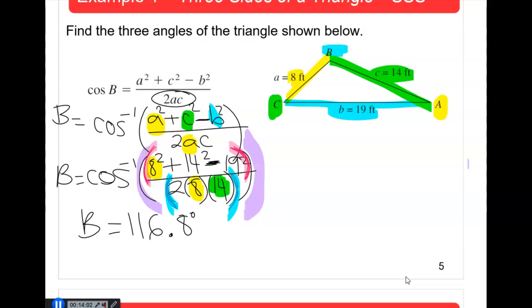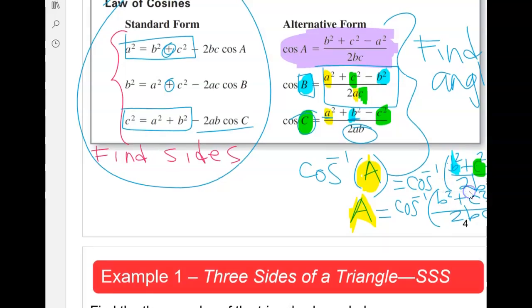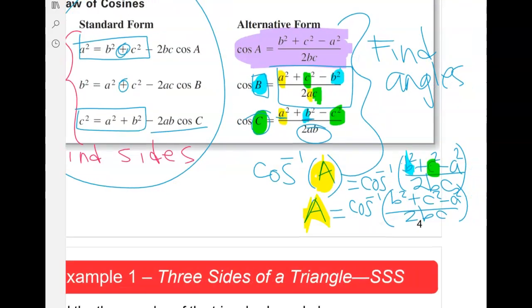So now to find angle A, I'm going to use the formula. I'll show it to you. The one that we have here, but we're actually going to solve for A, so it's going to look like the one that we have here.